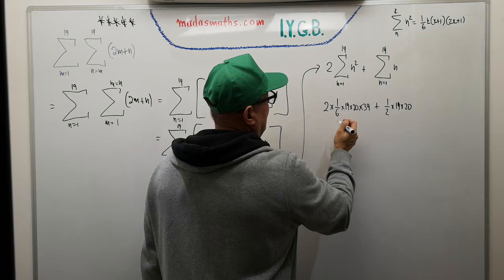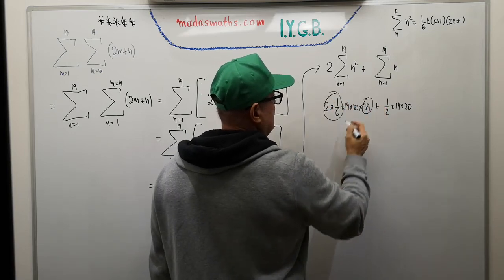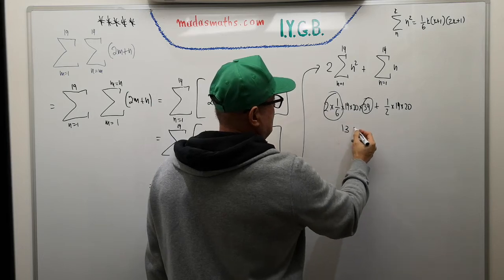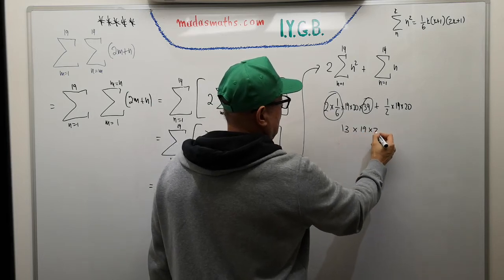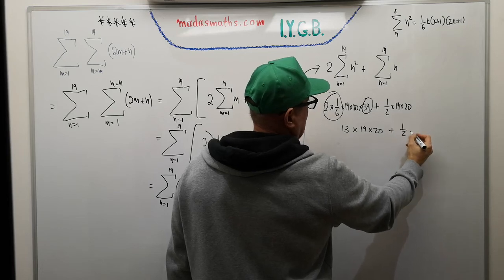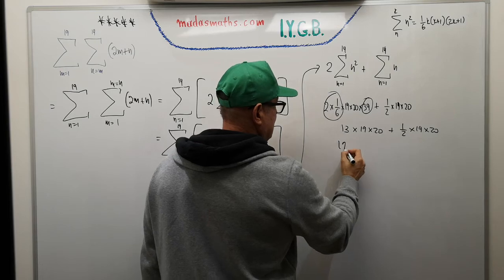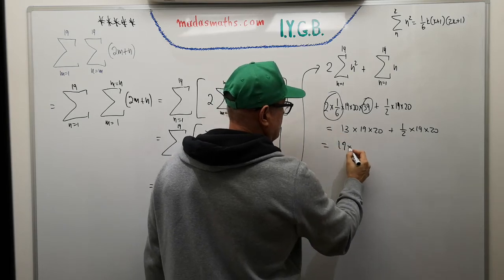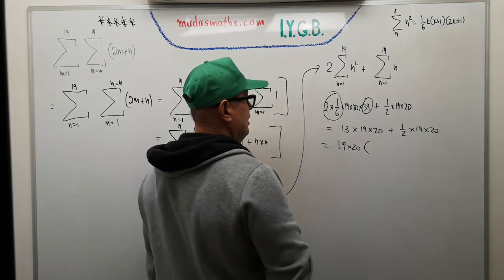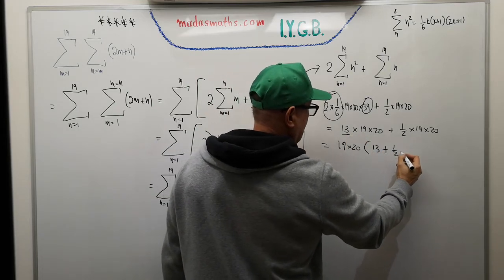It is going to be 1/3, and 1/3 of 39 is 13. 13 times 19 times 20, that's this bit here, plus a half times 19 times 20. Factorize 19 times 20 out, because I'm too lazy to grab a calculator. 13 plus a half.